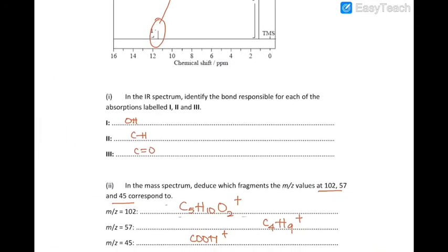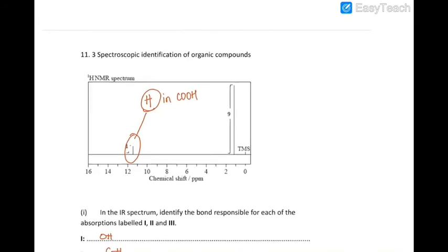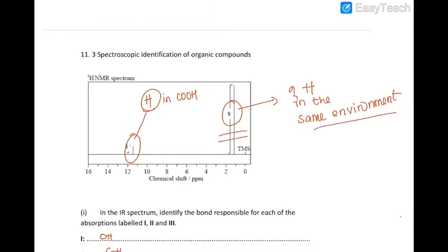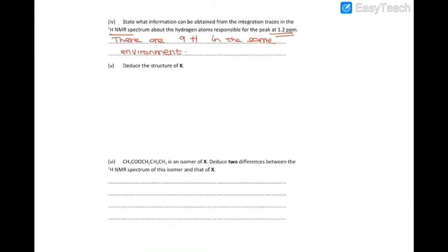At 1.2 we find that there are 9 protons, and all 9 protons are in the same environment, because we have only one peak. Only one peak means only one environment, and in that environment there are 9 protons.